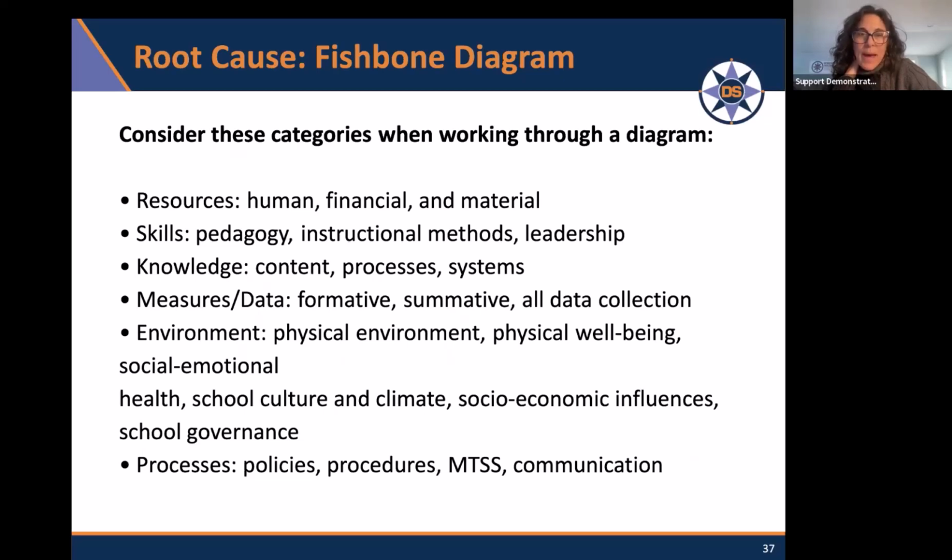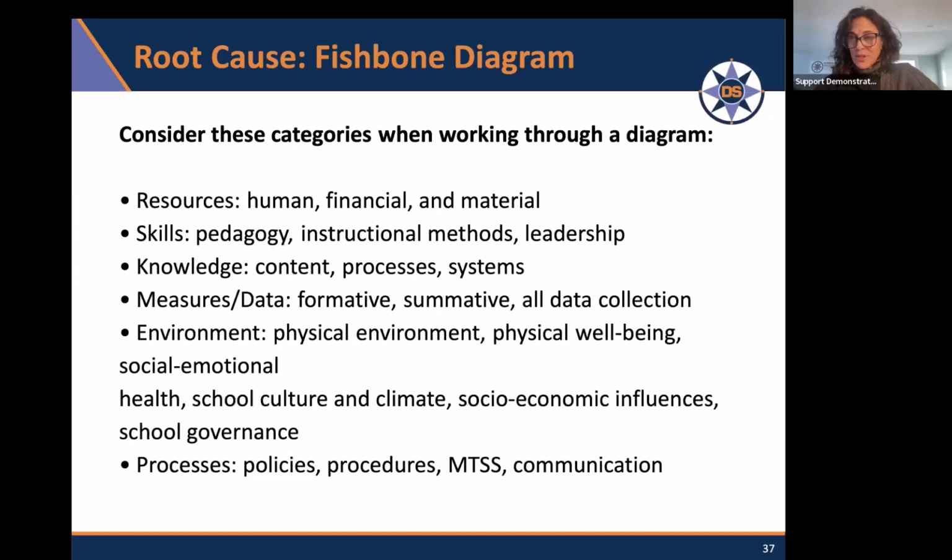So thinking about your resources, the skills, like pedagogy, what teachers know, what teachers don't know, what the leadership skills in the building are, the knowledge, so issues around content knowledge or systems or communication, data, all of that formative, summative, all data collection, the environment, health, socioeconomic, school culture and climate, and processes, policies.